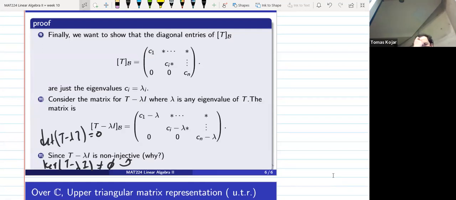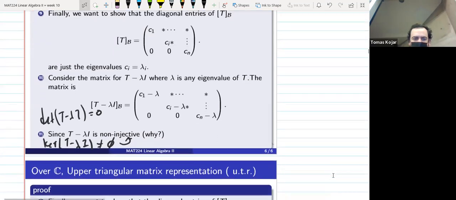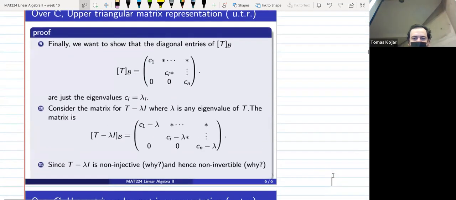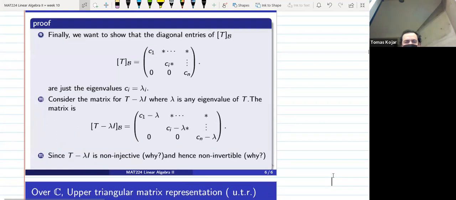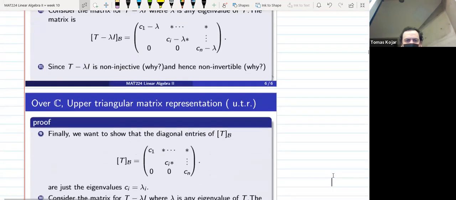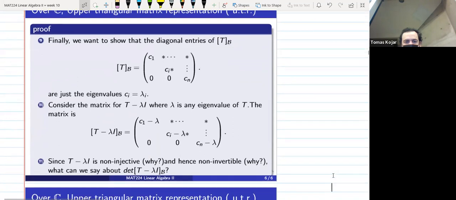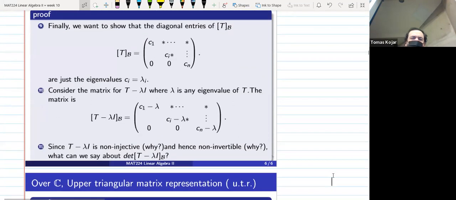Okay, so what was my question here? Right, non-invertible is okay. Whatever, it's been answered. All we wanted was the determinant is zero.